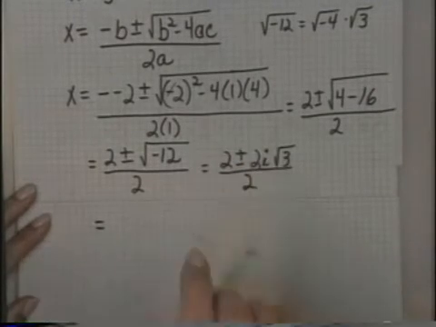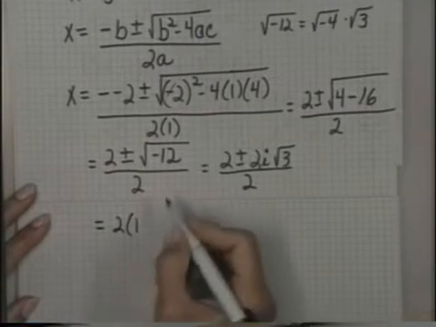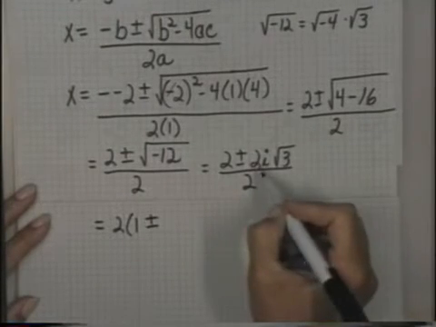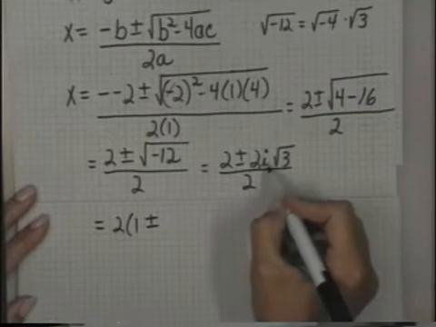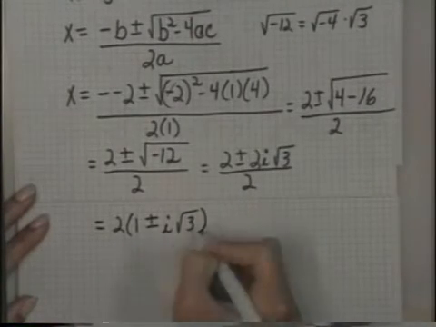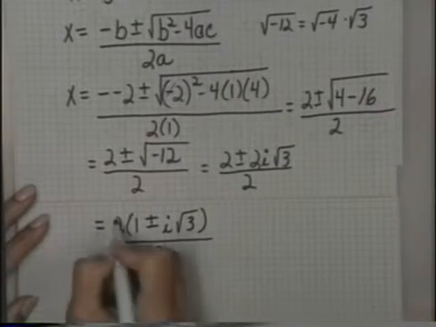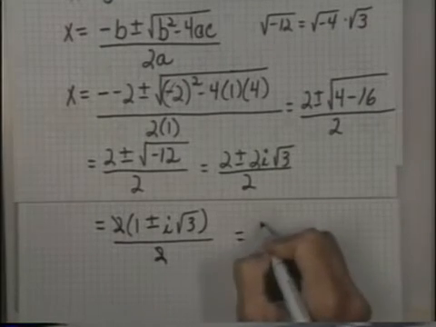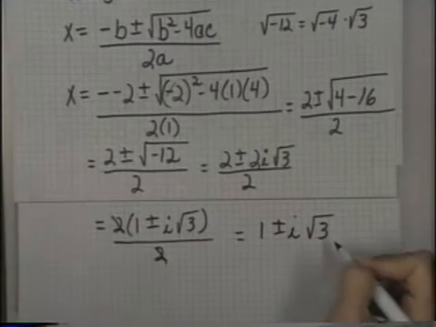Let's factor out the 2 in the numerator. In the first term, it leaves us with 1, plus or minus. In the second term, when we factor out 2 from 2 times i times the square root of 3, we're left with i times the square root of 3 all over 2. We may now divide our common factors, and we are left with 1 plus or minus i times the square root of 3.